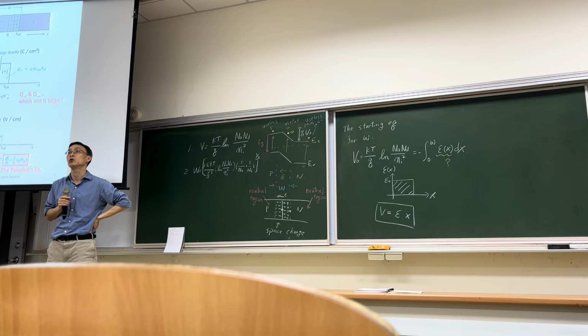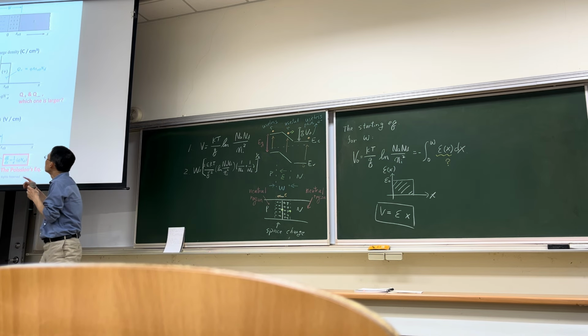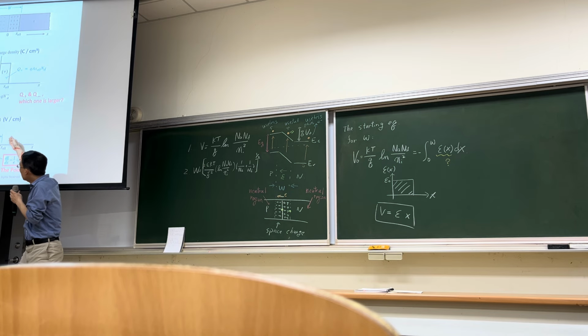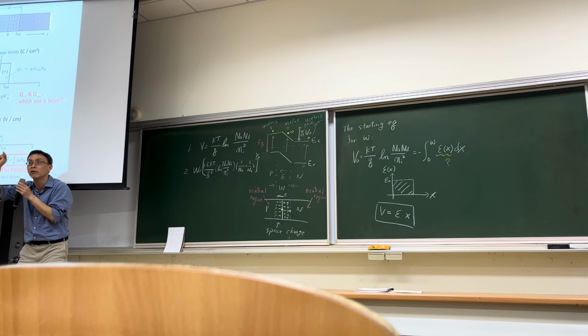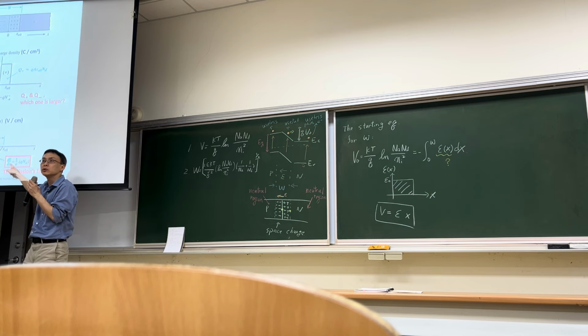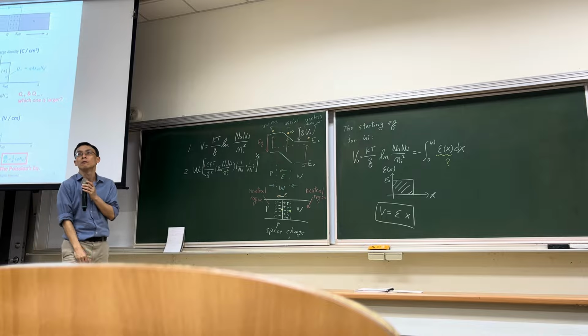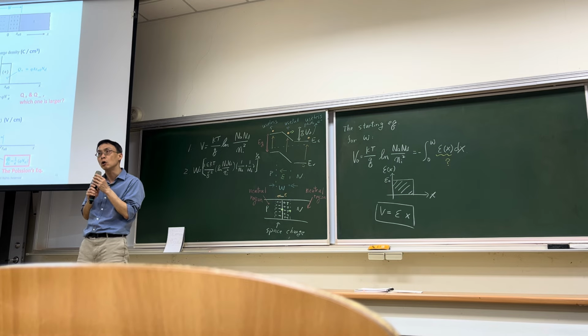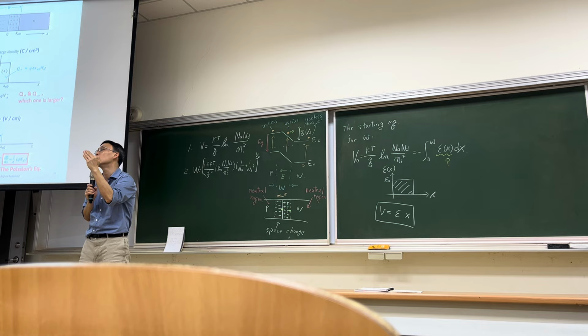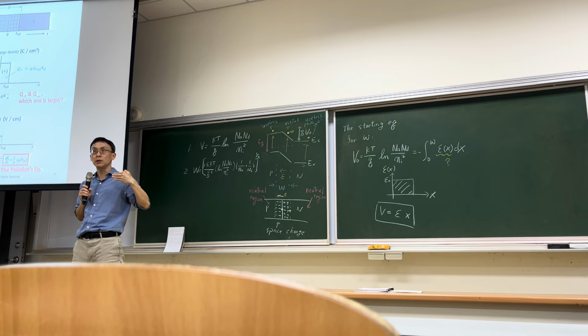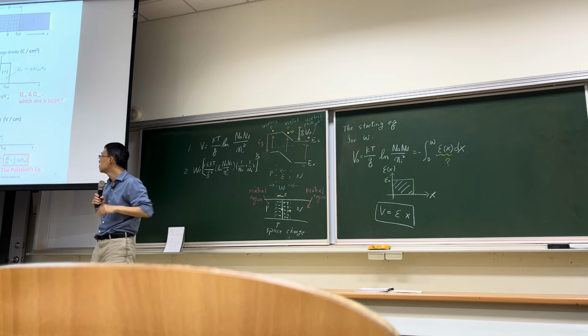Because Poisson equation can tell you the slope of this triangle, which is the change of electrical field as a function of x, which is the position. Right? So according to the Poisson equation, you know how to determine the slope of the electrical fields.